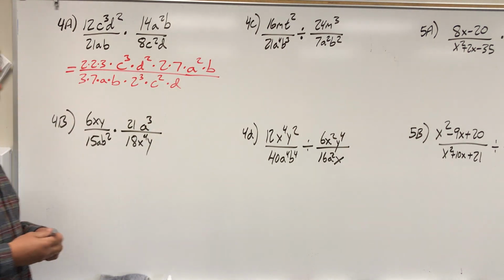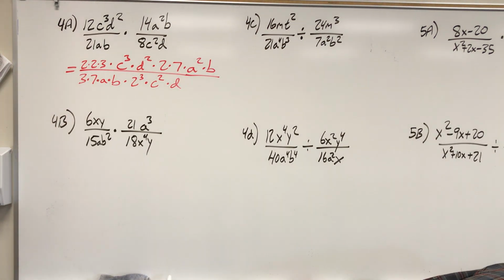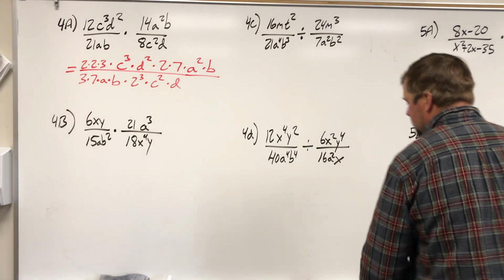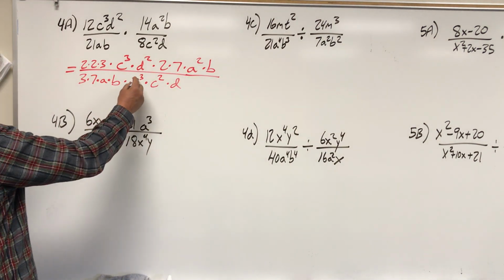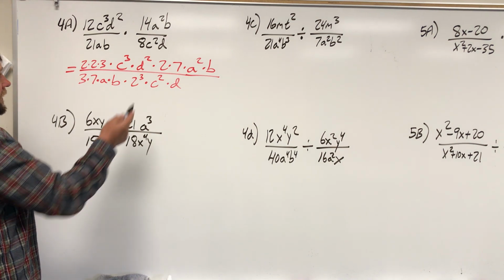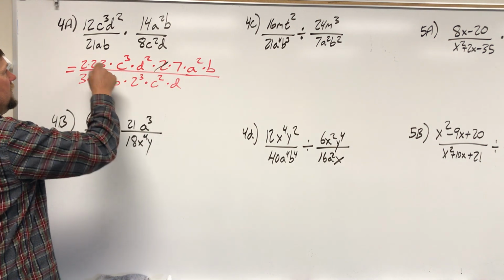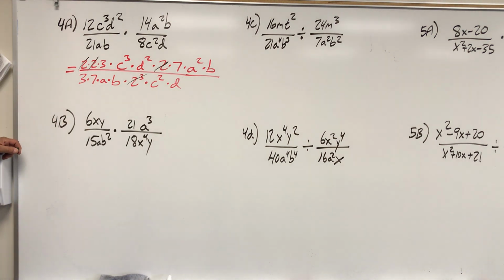So anytime you have the same number of factors on the top as on the bottom, you can cancel those out. Now, sometimes they're grouped with exponents, and sometimes they're separate. Like I have 3 2's on the top. Well, that cancels the 2 cubed on the bottom.